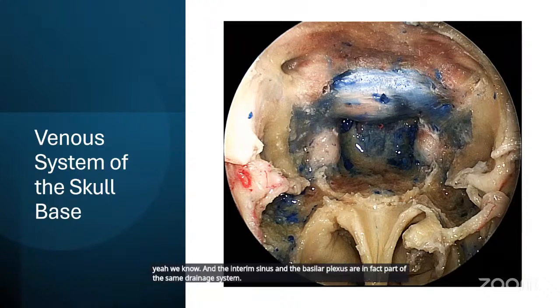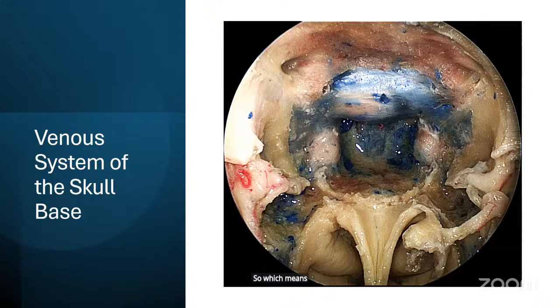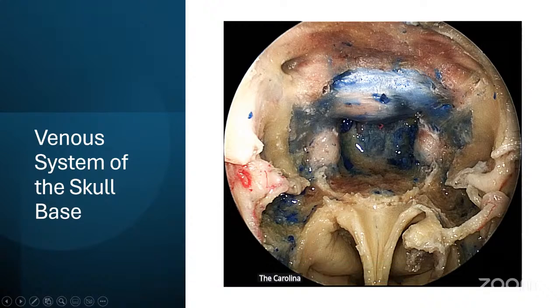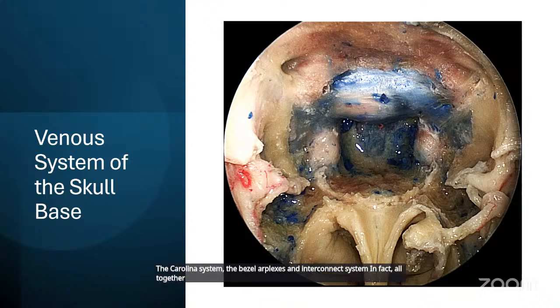The basilar plexus is the venous plexus behind the clivus. The cavernous sinus, basilar plexus, and intercavernous sinus are all connected to each other between the layers.